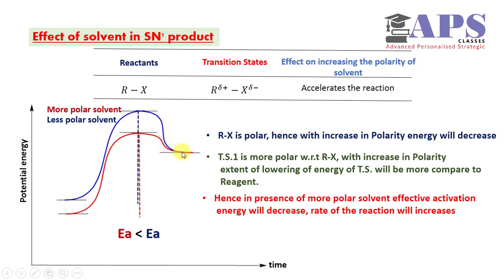With more polar solvent, the extent of decrease of transition state energy is more with respect to the extent of decrease of reactant energy. So we can easily say that the activation energy will decrease with more polar solvent. Resulting in the rate of this type of SN1 reaction increasing with solvent polarity.